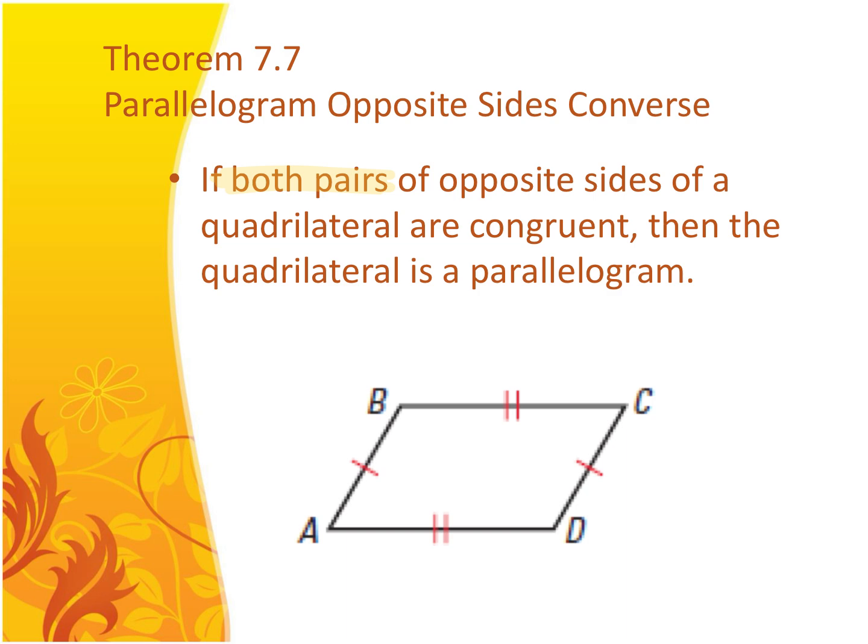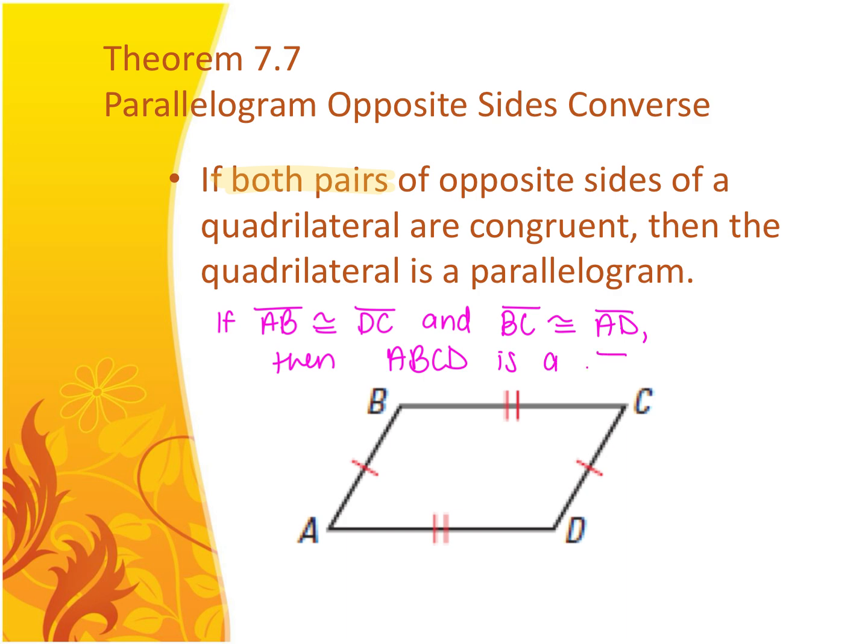So I'm going to go ahead and write the statement. If I were to write it as a statement, it would be: if segment AB is congruent to segment DC or CD, and BC is congruent to AD, then ABCD is a parallelogram.